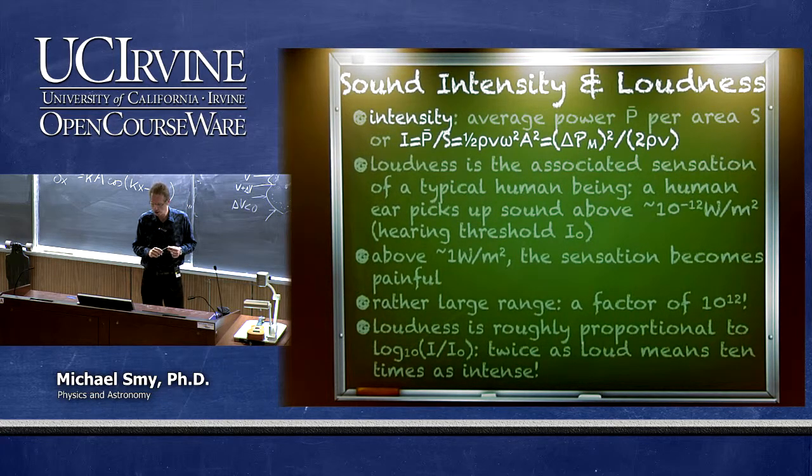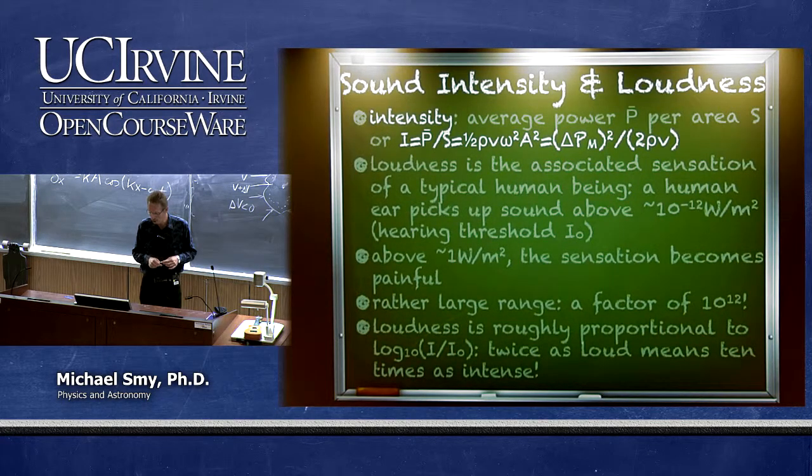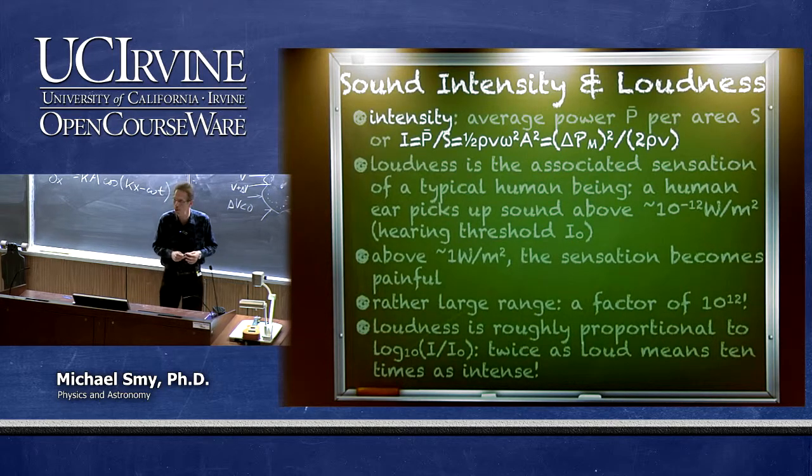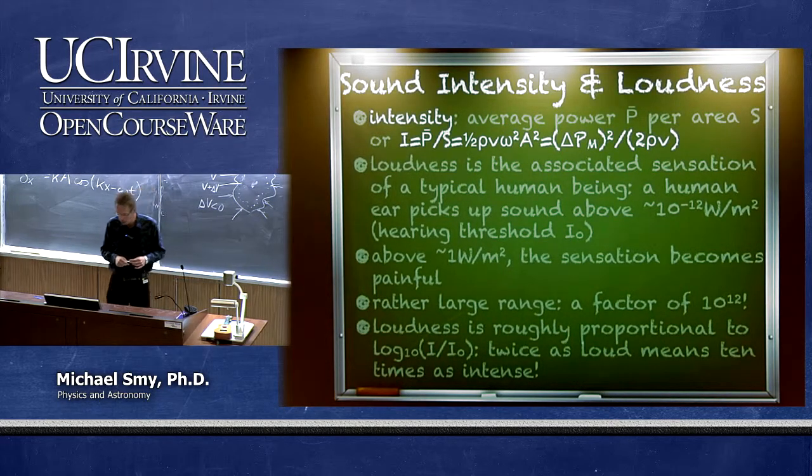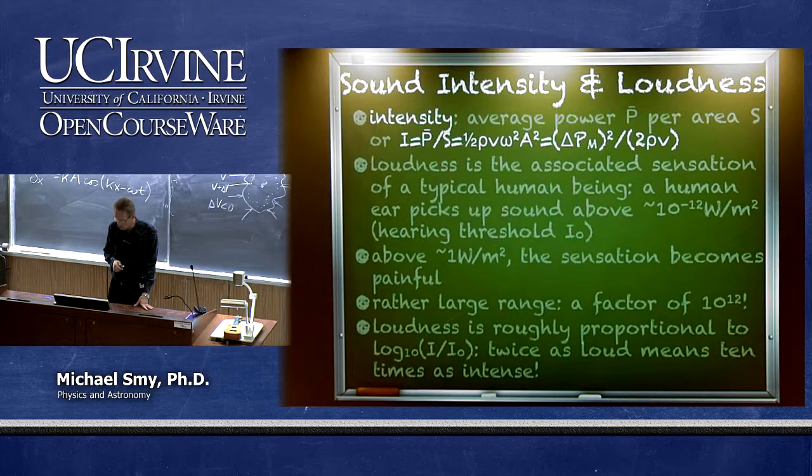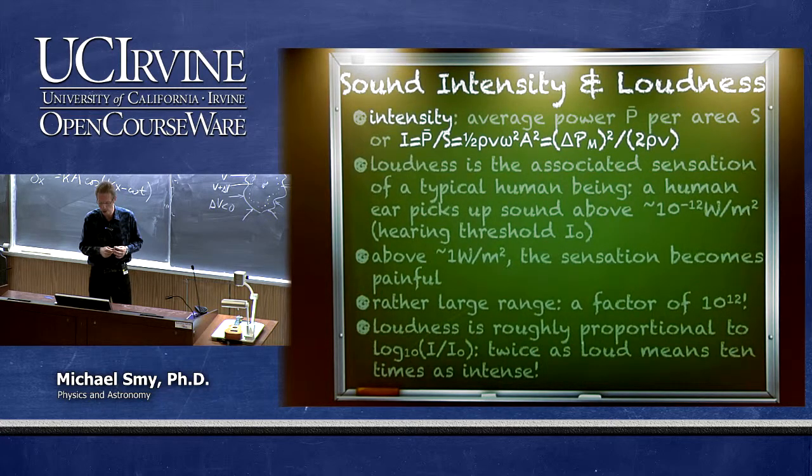And that is called the hearing threshold, I0. And we can hear sound waves up to 1 watt per meter square. So 12 orders of magnitude bigger than this threshold. We can hear it even beyond that, but then it starts to become painful. Even so, there's a fairly large range where sound can comfortably be perceived by human beings, a factor of 10 to the 12.